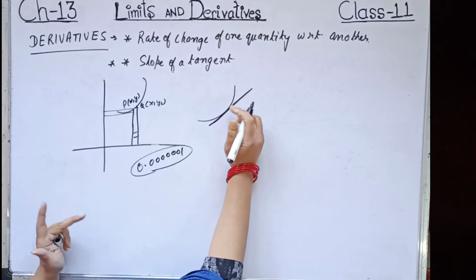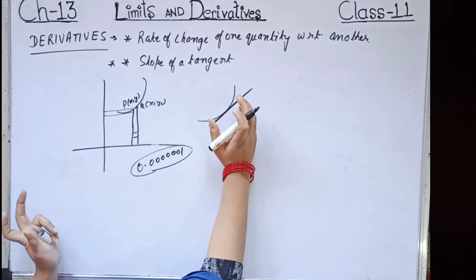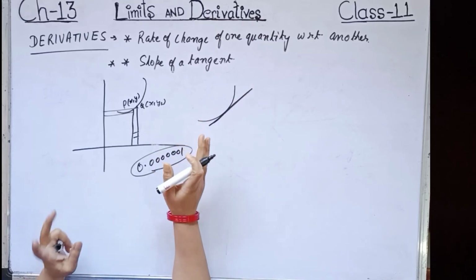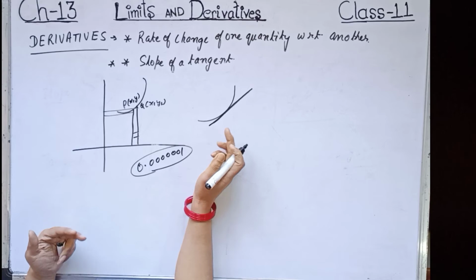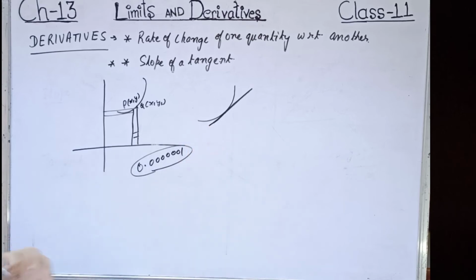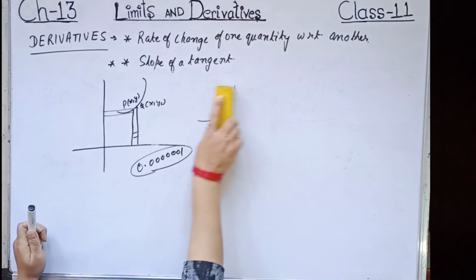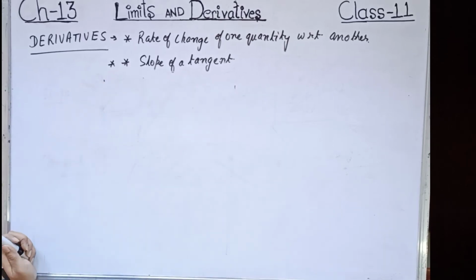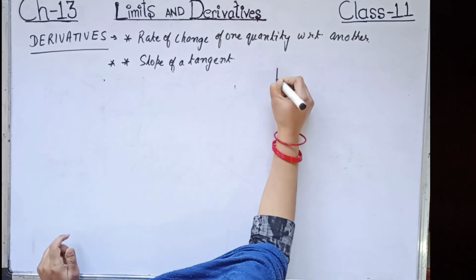That is, the tangents at these 2 points will, to some extent, coincide. So in this case we have got a tangent and 2 points also. So let us redraw the figure and understand the slope of this tangent.